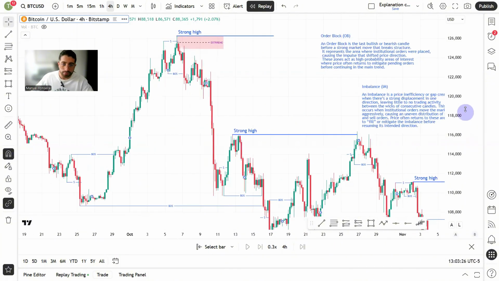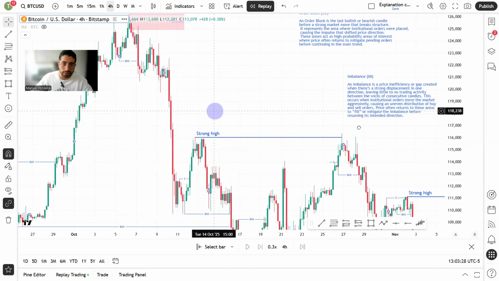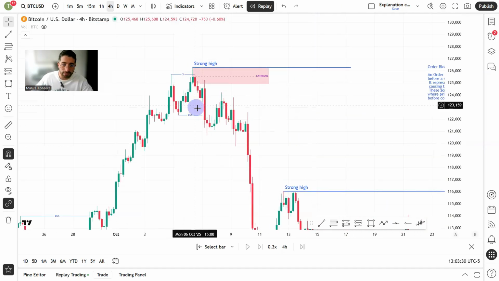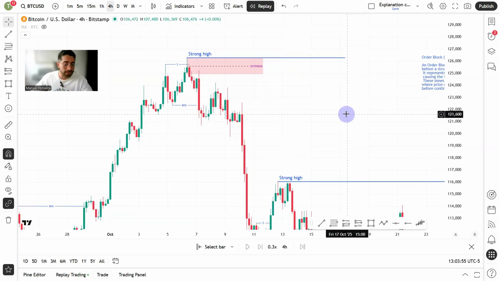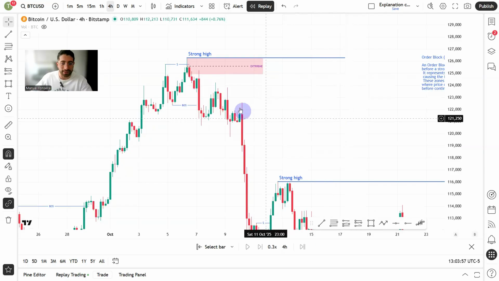Now, if you can see here, my friends, after the break of structure, we could take into consideration this green candle, but colors in the candles don't mean anything. We need to see if they are closing in a lower low or in a higher high, to understand the real structure of the market.